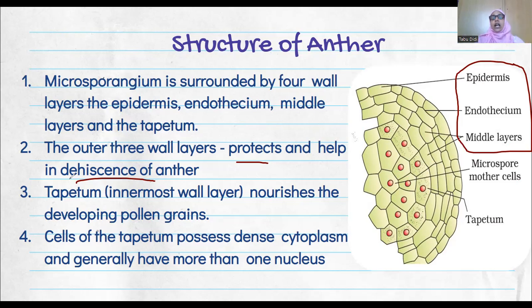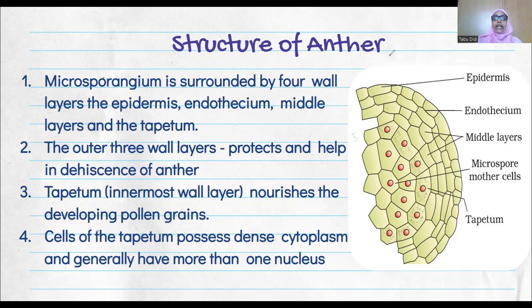Only when the pollen grains are matured and ready to be released into the environment, after division and development have taken place, then they will help in burst opening of the anther. Till then, these 3 layers will not burst open and release the pollen grains. So basically, they help in the dehiscence of the anther, both ways. Clear?